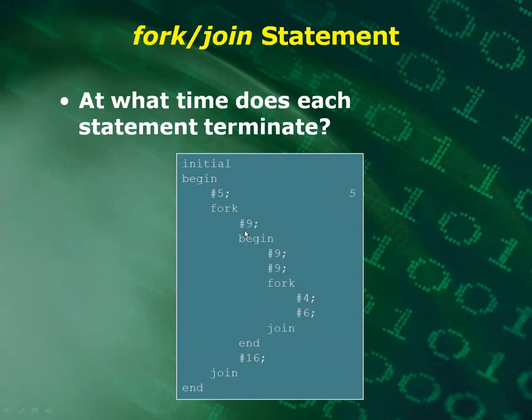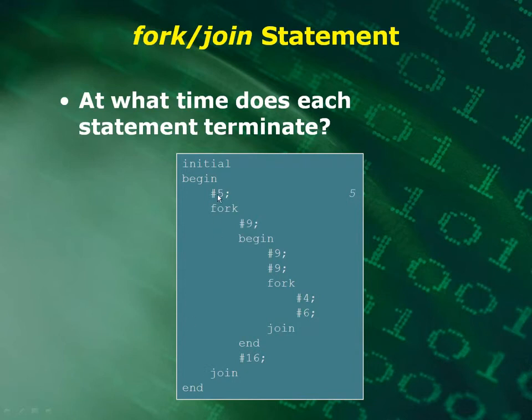So now let's take a look at a real example, and I've put in some delay values for my statements just so we can figure out how things execute in time and when they'll finish. In this case we've started this initial block, which is our first statement. Then our second statement is this fork join.